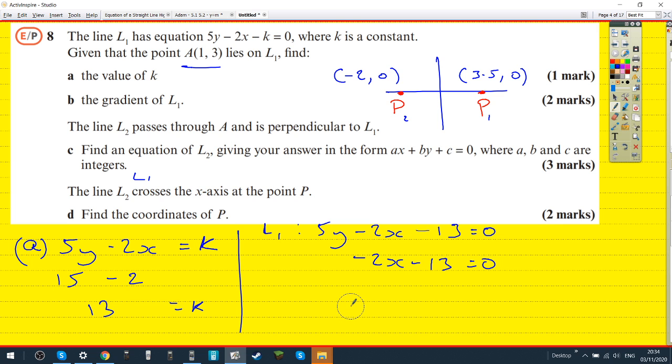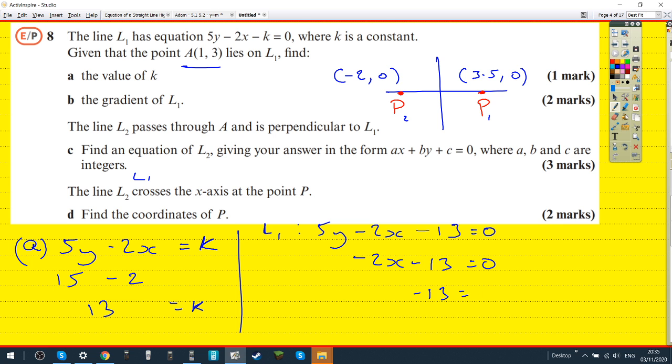And then do we substitute x in? We're trying to solve for x, so we make x the subject. So it'd be -13 equals 2x.